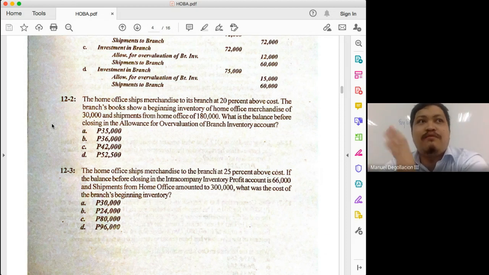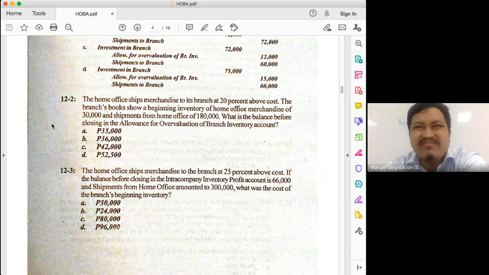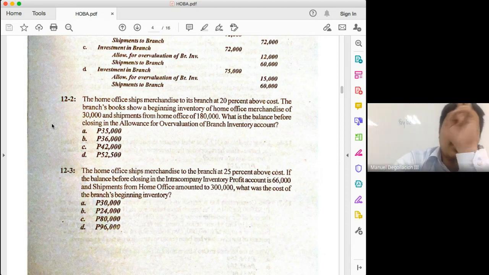Now simply solve for the markup on the 210. 210,000 divided by 120 will give you 175 times 20%, that will still give you 35,000.